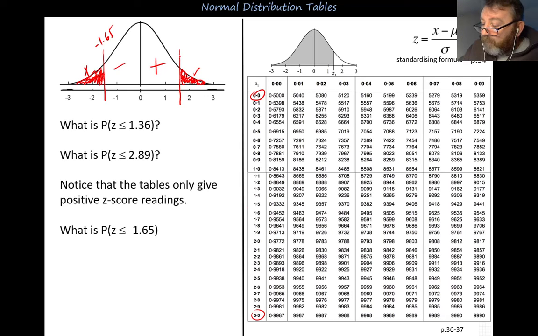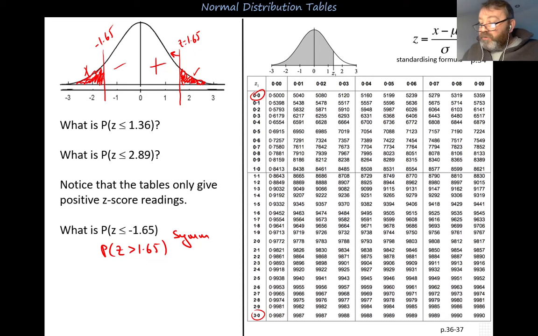Tables only allow you to read to the left. See? So therefore, if that's Z equals 1.65, I now want to find out what's the probability of being in front of 1.65. So I've got to change this to be greater than 1.65, thanks to symmetry.